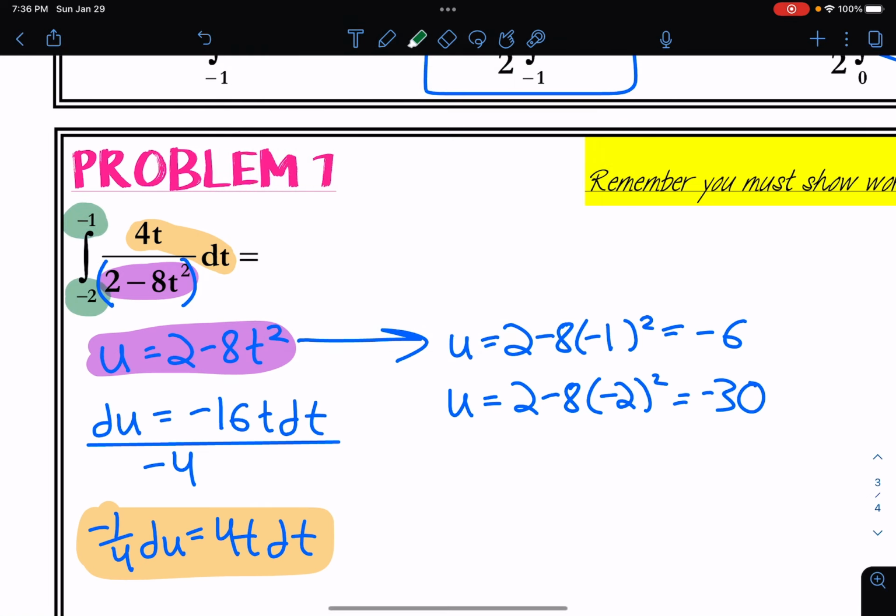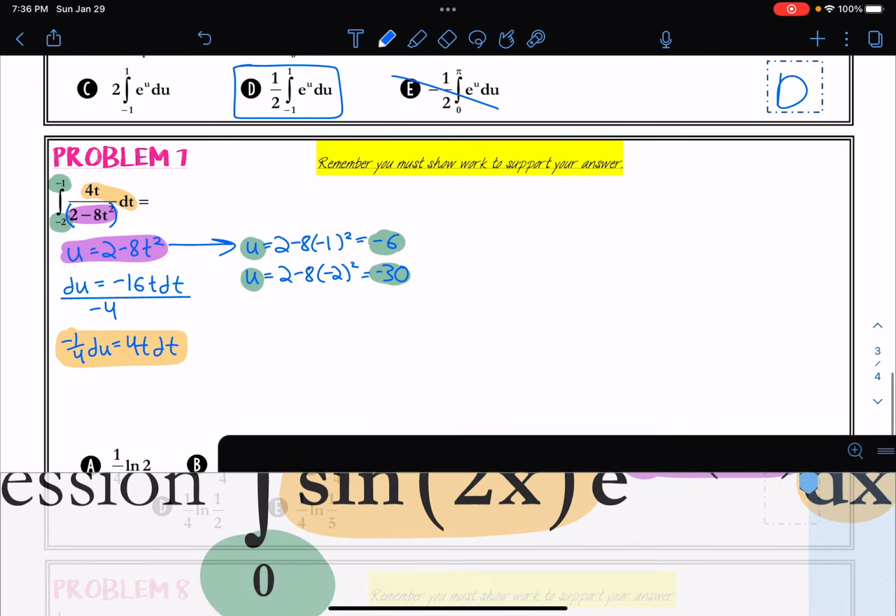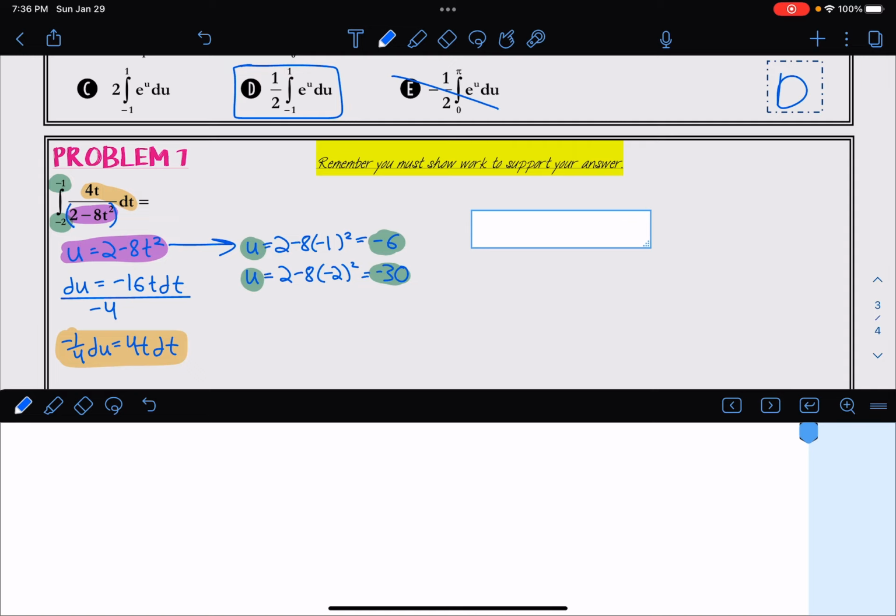And again, this one is not just turn it into terms of u question. We have to do this fully using the fundamental theorem of calculus, so we are going to evaluate it with these numbers. Okay, so pardon me, let's go ahead and do the substitution.